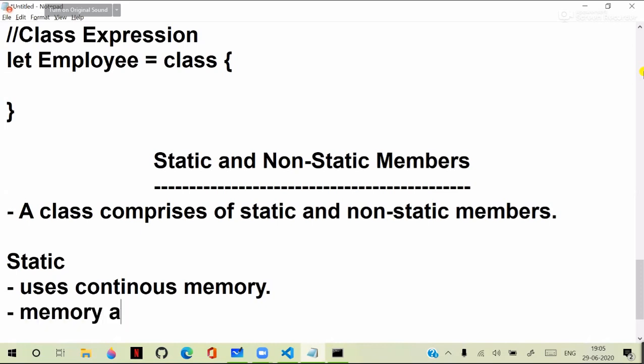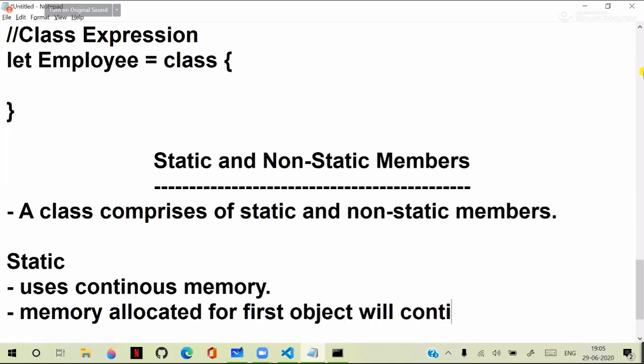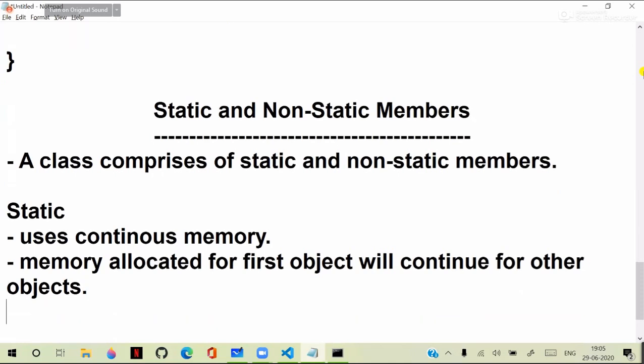Second, memory allocated for the first object will continue for other objects. So it occupies more memory.